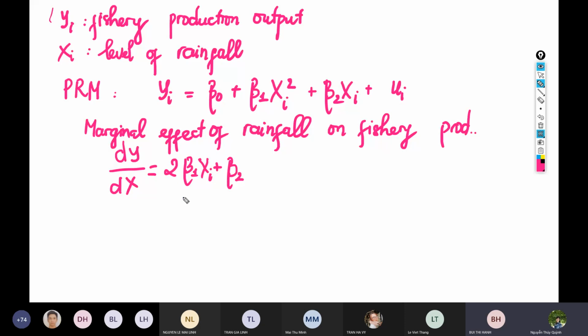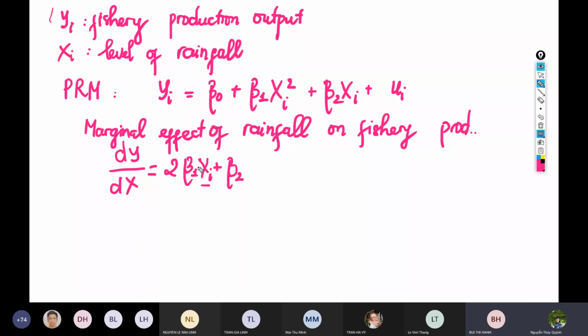All right. Now you can see that the marginal effect of rainfall on fishery production depends on the value of x. Since x is a variable, the value of x is changing.